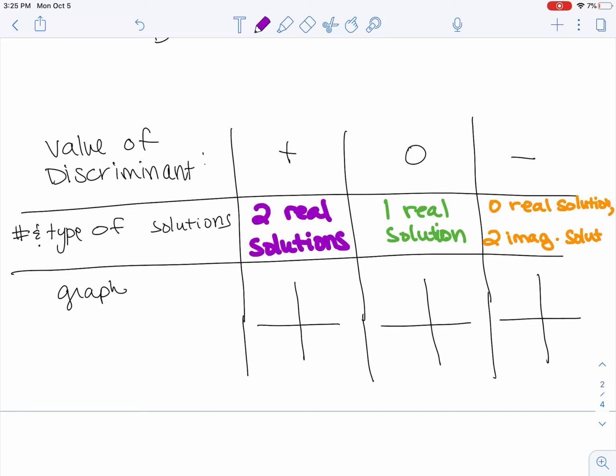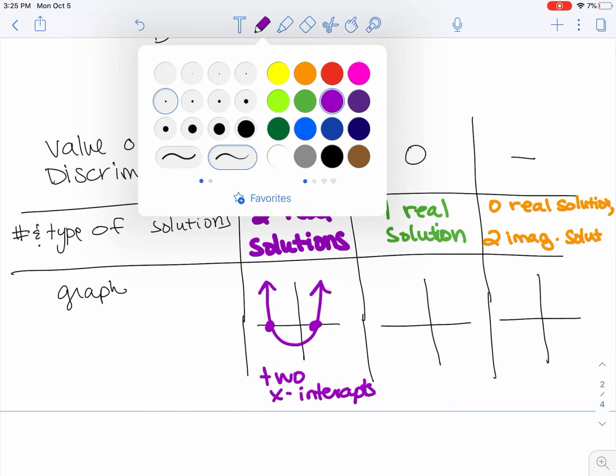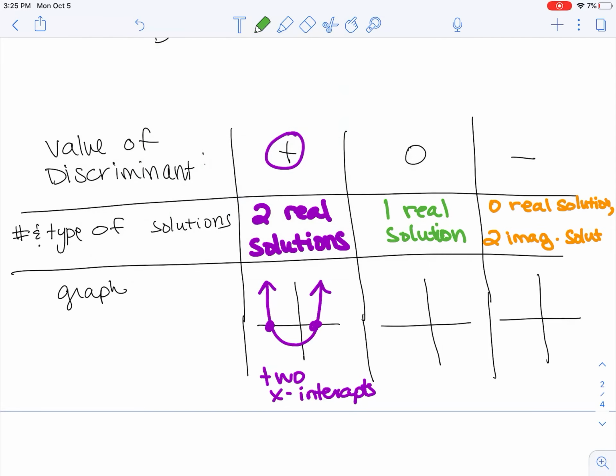If I was graphing the positive discriminant, here's what it would look like. If I had the parabola, it would look like this, where it actually hits the x-axis twice, where it has 2 x-intercepts. For the next one, if I were to graph that, I would have 1 real solution, which basically means it only hits the x-axis once, and it has 1 x-intercept.